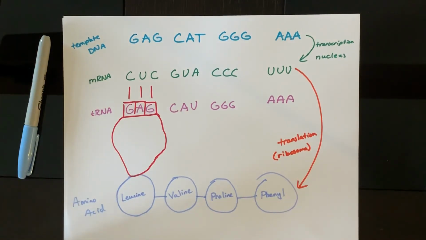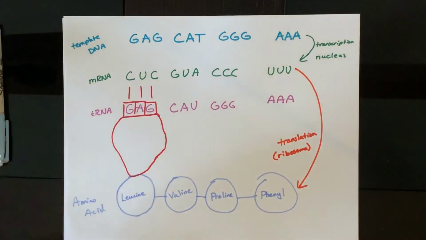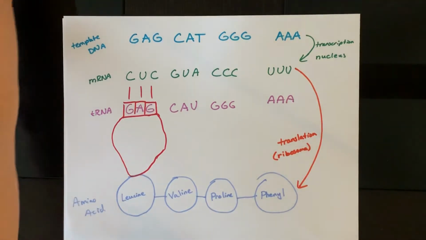That's if it's going to be exported out of the cell through our cell membrane, or they could also be the free ribosomes that are just floating throughout the cell. And if it's made on a free ribosome, that's when that protein is going to stay in the cell and be used in our cell. Okay, that's pretty much it, guys.